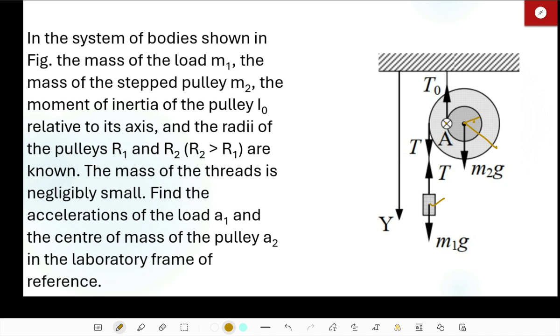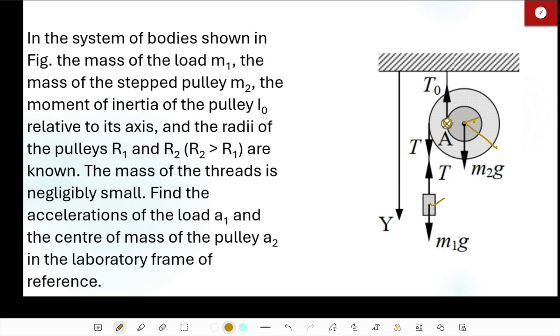Its chosen positive direction is indicated in this figure, and that will be into the plane of the paper, because a cross has been added, so this axis is into the plane of the figure. For any angular acceleration or angular velocity, though we will be dealing with angular acceleration only, if it is clockwise we take it positive, and if anti-clockwise, negative.